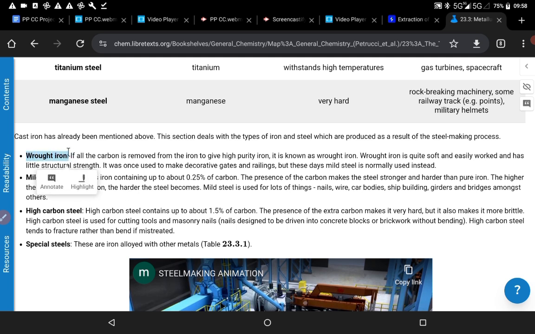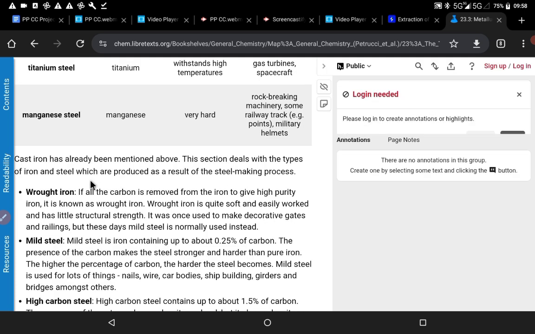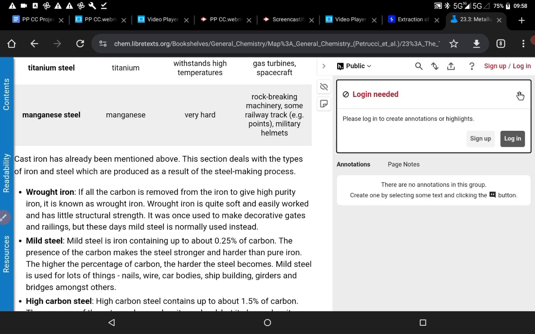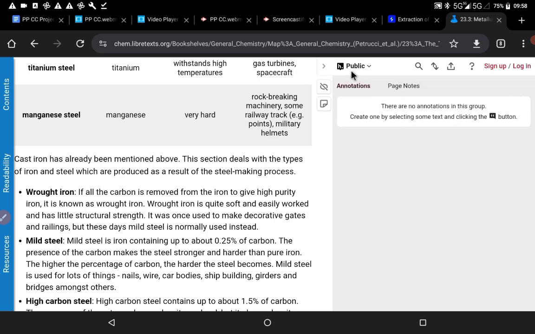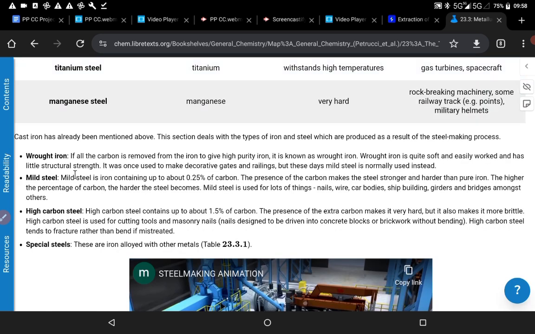Wrought iron is the purest form of iron, with 0% of carbon, and it's quite soft because it has 0% of carbon. But then we have what we call mild steel. Mild steel has a small percentage of carbon, and because of this you'll find that mild steel is a bit hard compared to wrought iron.